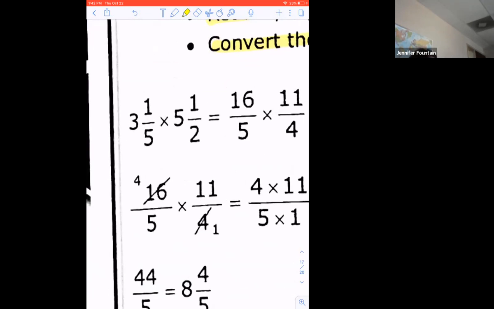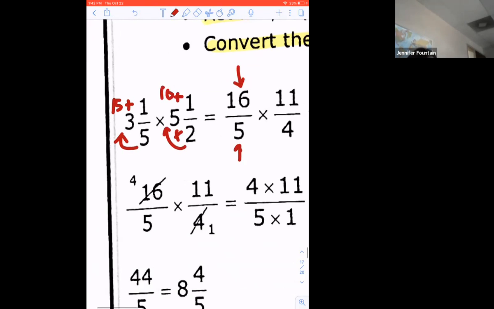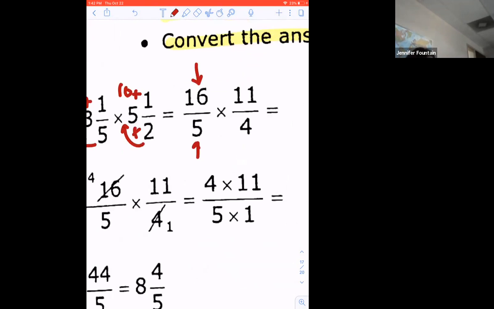So in this problem, they started out with 3 1/5 times 5 1/2. So the first thing they did was go to improper fractions, and 5 times 3 is 15, and 15 plus 1 is 16. Keep my denominator. 10 plus 1 is 11. Keep my denominator of 4.